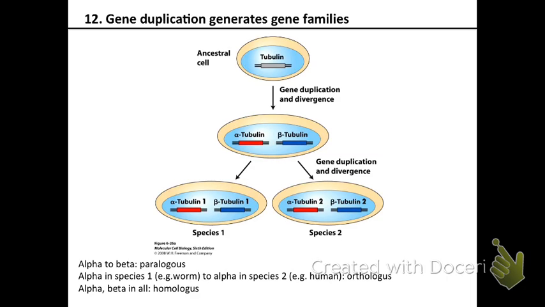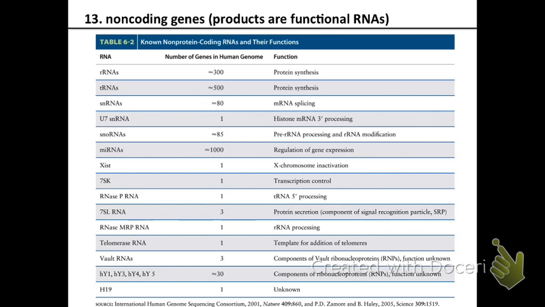Okay? So this is a gene family. They're all homologs. The genes that are similar to each other within a species are paralogs, and genes in different species are called orthologs. And if you take evolution or read about it, you're going to hear this terminology a lot.